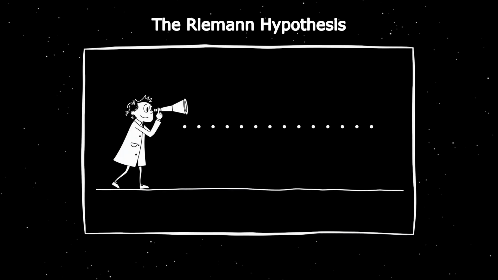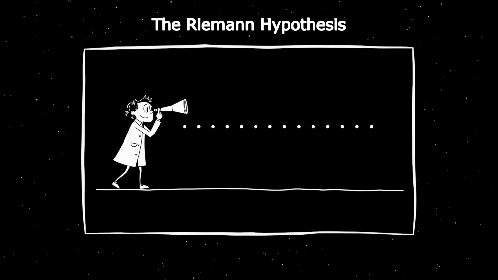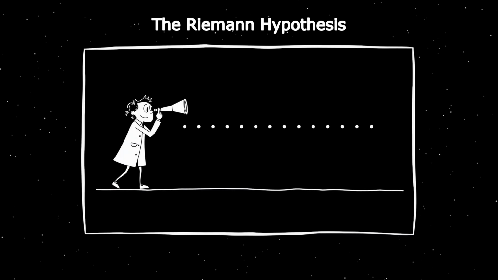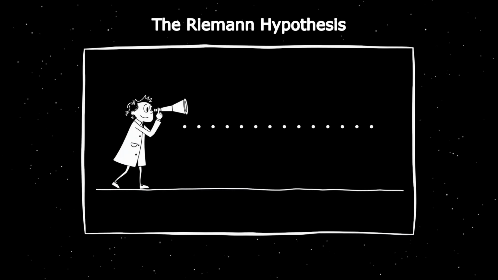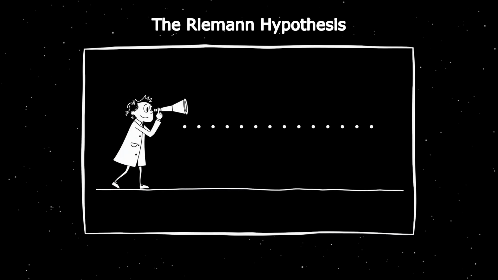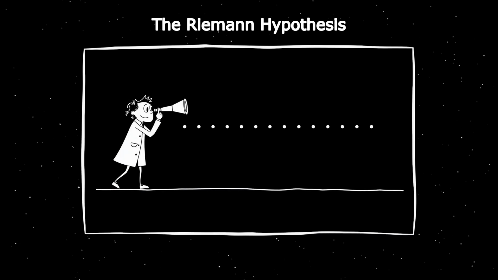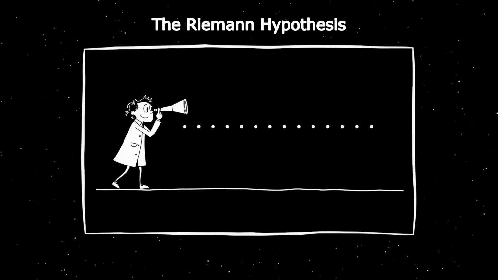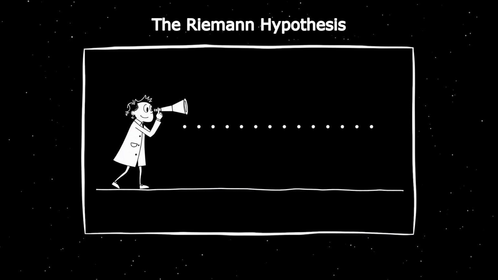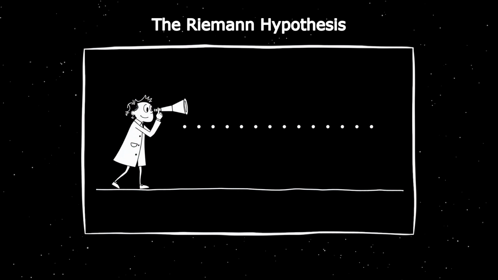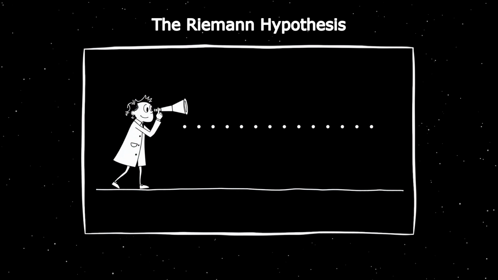It reminds us that within the world of numbers lies a treasure trove of mysteries waiting to be unveiled. Each new study, each new computational result, brings mathematicians one step closer to unlocking the secrets of the mathematical universe, with the Riemann zeta function at the heart of this captivating quest.